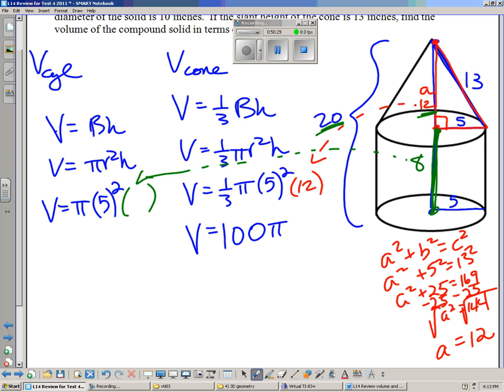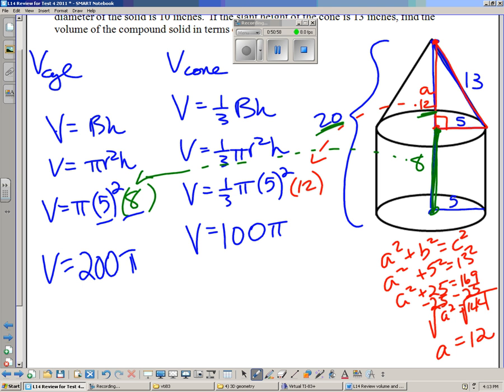That 8 is the height of the cylinder. So now we can put that in. I'm going to leave the answer in terms of pi. So 5 squared times 8, if you do that on the calculator, you get 200 pi. So the volume of the cylinder was 200 pi.